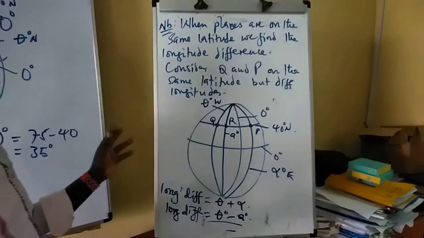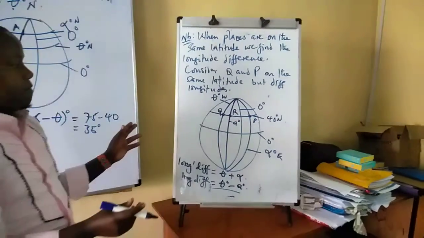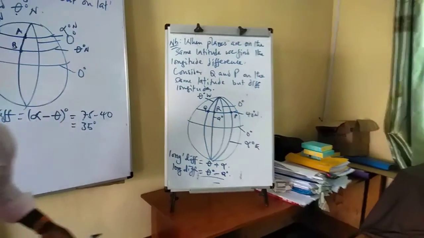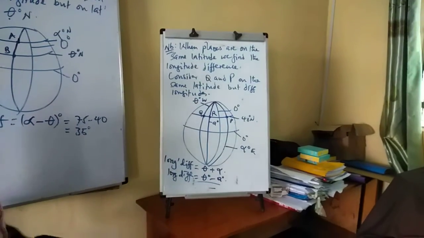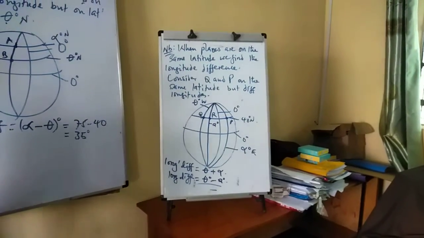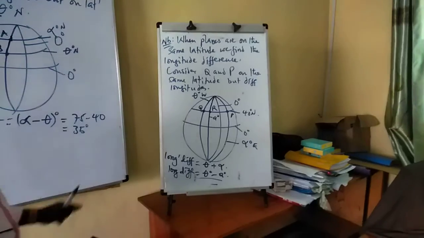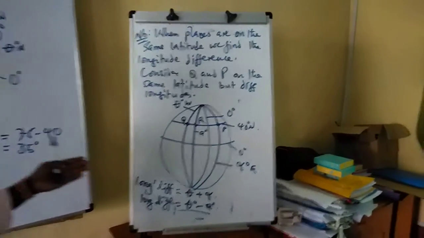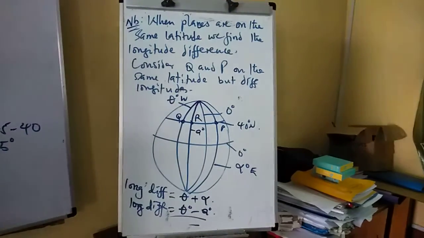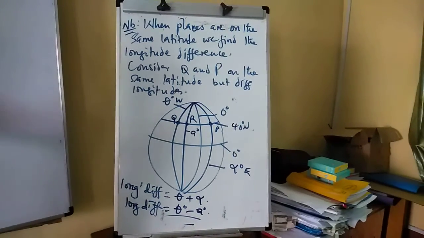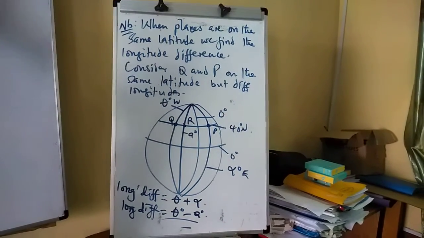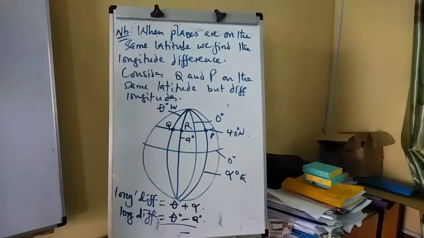Therefore, for places on the same side, we subtract, but if places are on opposite sides, whether opposite side of the equator or opposite side of the prime meridian, then we add.